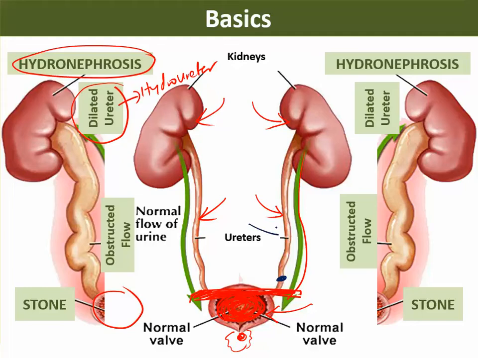It will be on this side, and hydronephrosis will be on this side. So unilateral hydroureter and hydronephrosis happen when there is obstruction above the vesicoureteric junction. If the obstruction is happening at or below the vesicoureteric junction, it will be bilateral hydronephrosis, bilateral hydroureter.